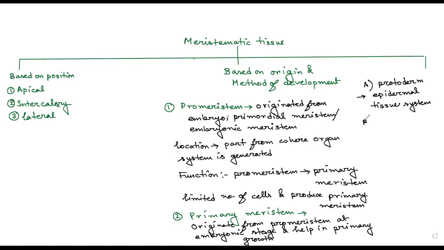Second type of primary meristem is procambium. So what is this procambium? Procambium is responsible for production of primary vascular elements.